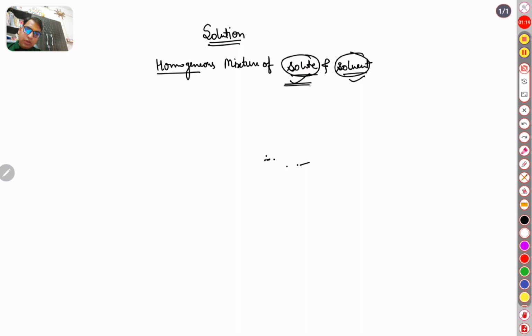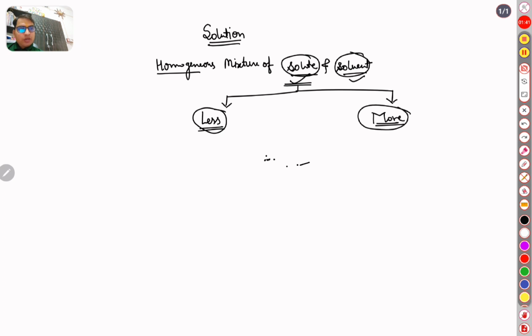Solutes are those substances which are less in amount, and solvent is those substances which are more in amount. Means the quantity of solute is less in a solution and the quantity of solvent is more in a solution.